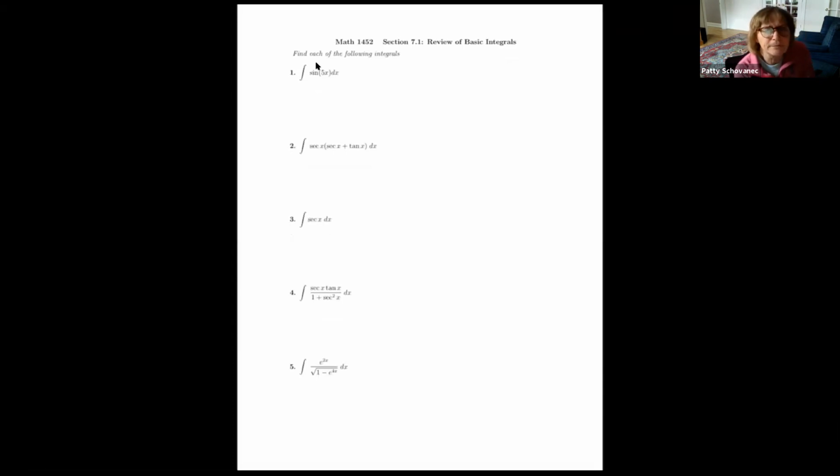So the first one, the integral of the sine of 5x, is something we know how to do. It looks like a sine of u. Some of us can skip the step where we call u the 5x. I'm going to put it in just because it is a review. And then we can take the derivative of that and we'll just get a 5 times dx. And so if I solve this equation to match that dx, I'm going to have a 1/5 du substitute in for the dx.